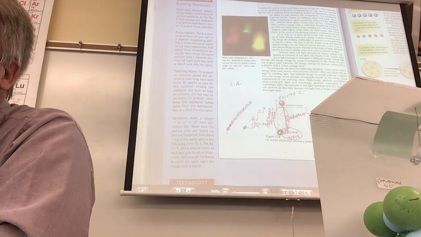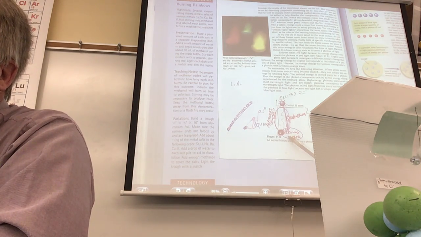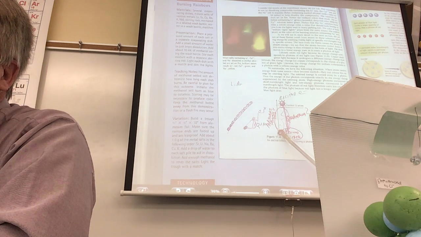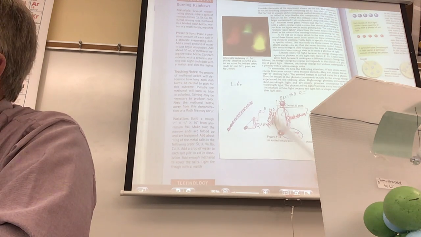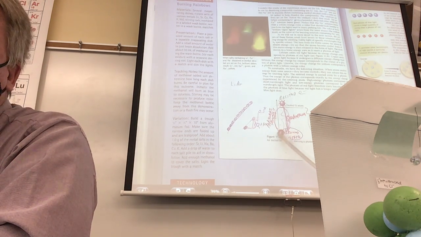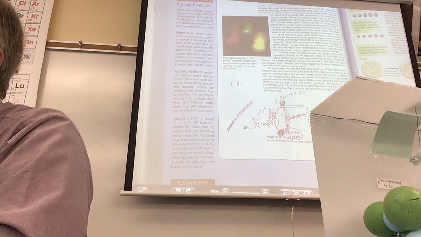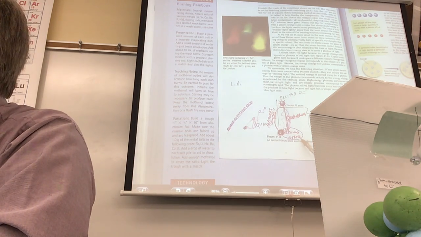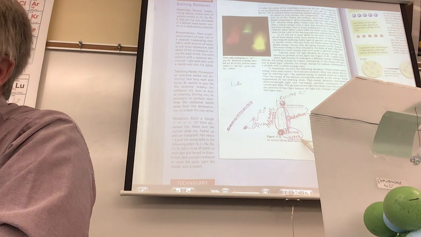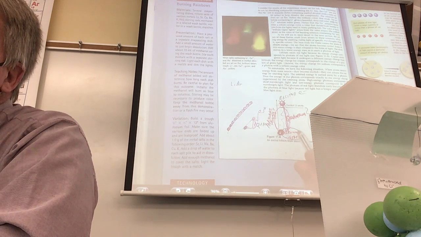Okay, so look up here. Everybody here? All right, now, let's say this is called energy. How much energy does that electron have? Let's say it has this normal amount of energy. It's in its ground state. Okay, got that? All right.